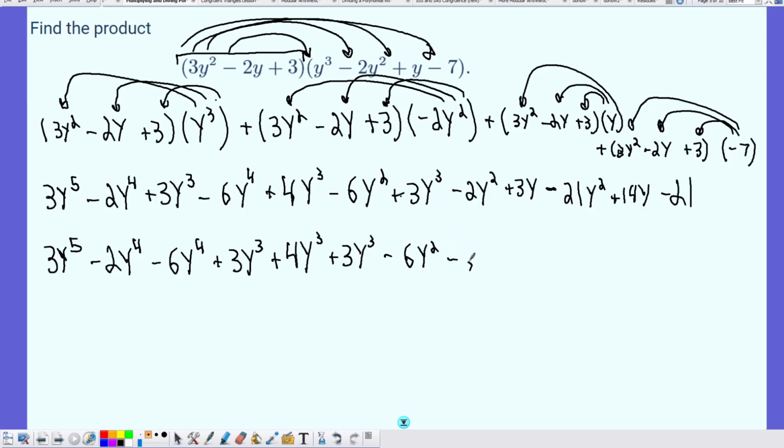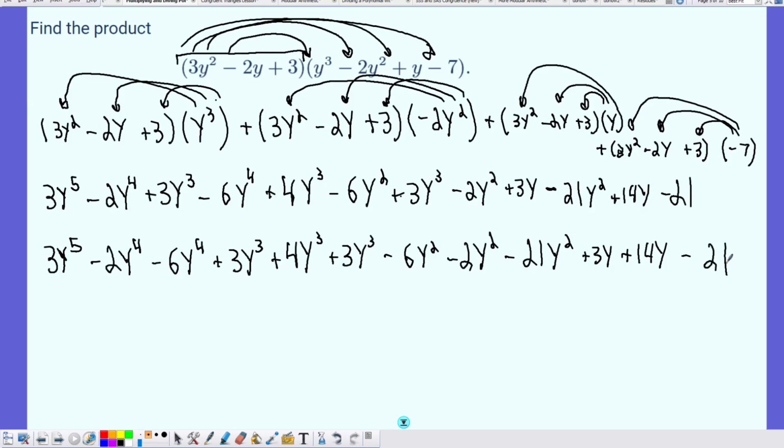Negative 2y squared. And then minus 21y squared. That takes care of my y squared terms. Now I'm going to write my linear terms, my regular y, which is 3y, so plus 3y, and plus 14y. And then after that, I have my minus 21, my constant term.